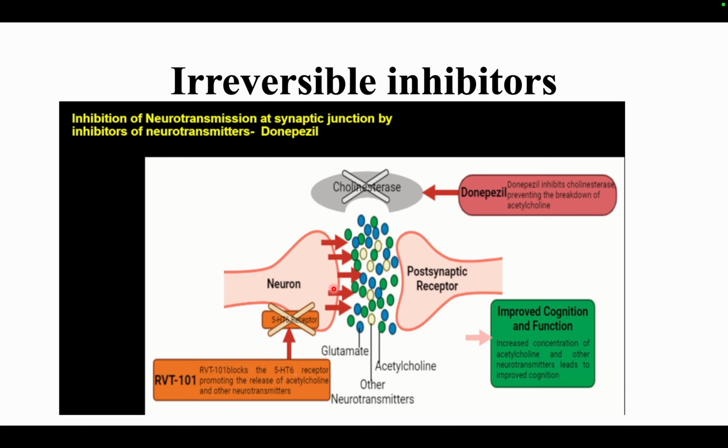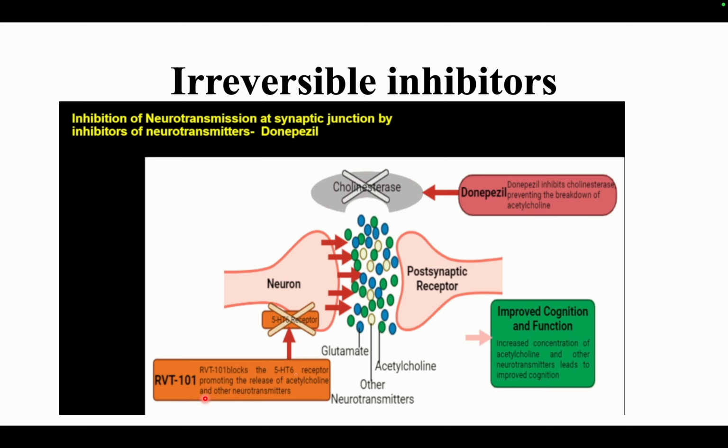There are other inhibitors of acetylcholine breakdown, which are irreversible inhibitors, like donepezil. This inhibits the breakdown of acetylcholine again. Then we have other inhibitors like RVT101.